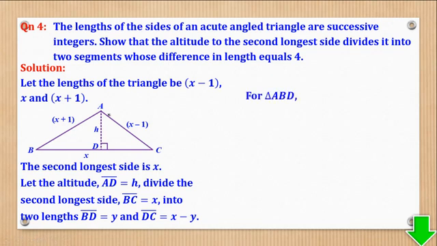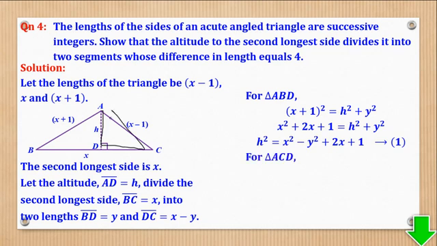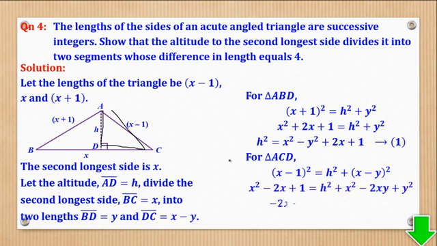For triangle ABD, using Pythagoras theorem, we come up with this. Expand this to come up with that. Make x squared the subject. Also, for this triangle ADC, use Pythagoras theorem still, expand, collect like terms, and make h the subject.